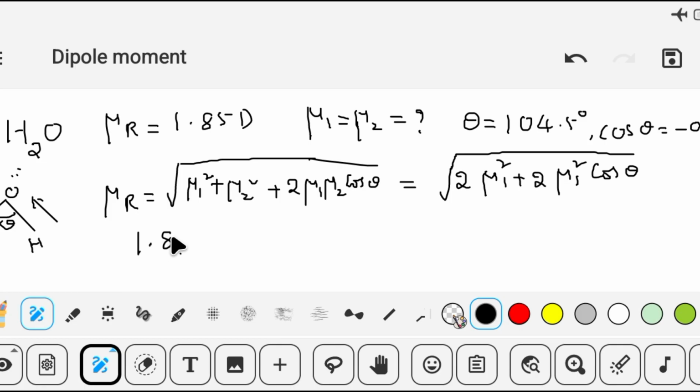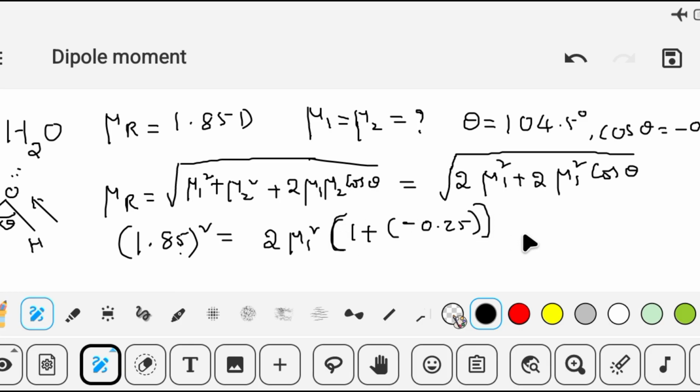Mu r value is 1.85 debye, already given, whole square equals 2 into mu1 square into 1 plus cos theta, which is given in the question as minus 0.25.